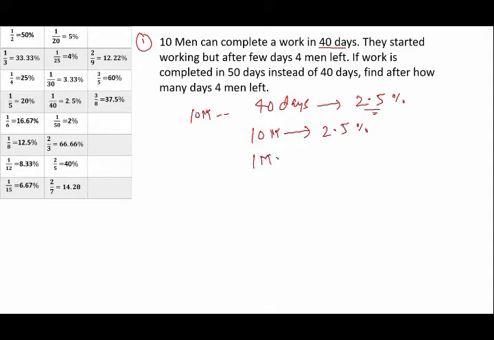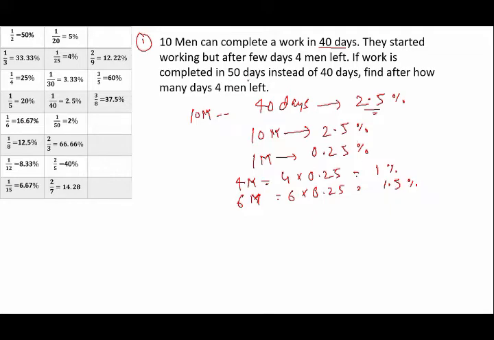One man is contributing 0.25% of work in one day. So for 4 men, it should be 4 into 0.25, which is 1%. For 6 men, it should be 6 into 0.25, which is 1.5% of work in one day.